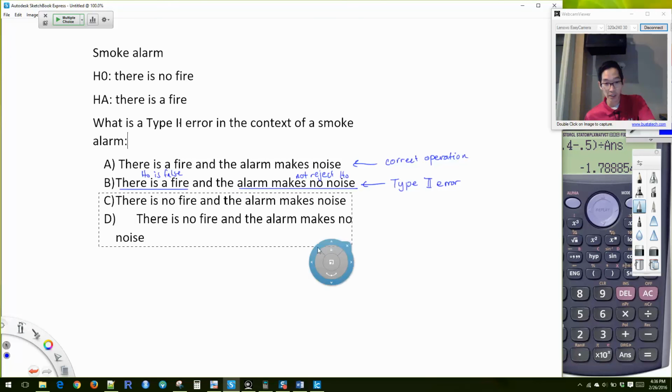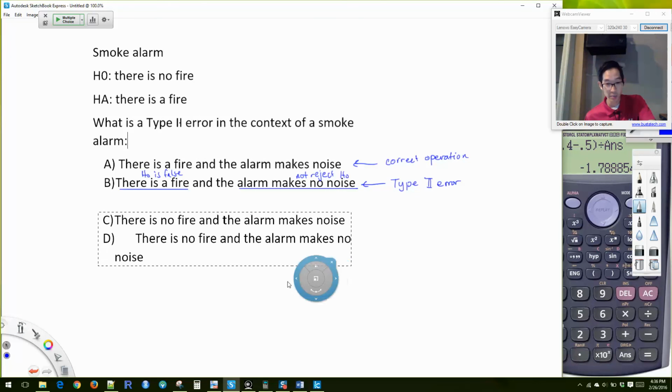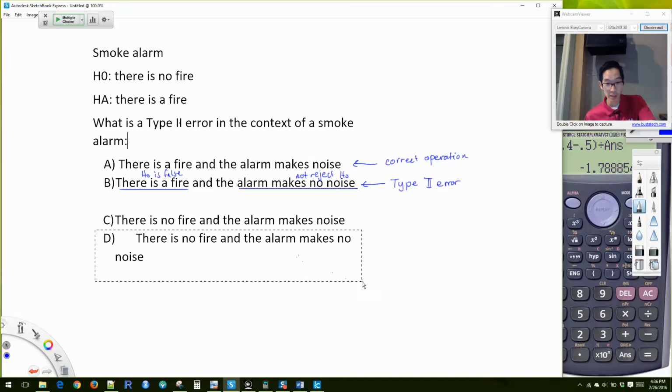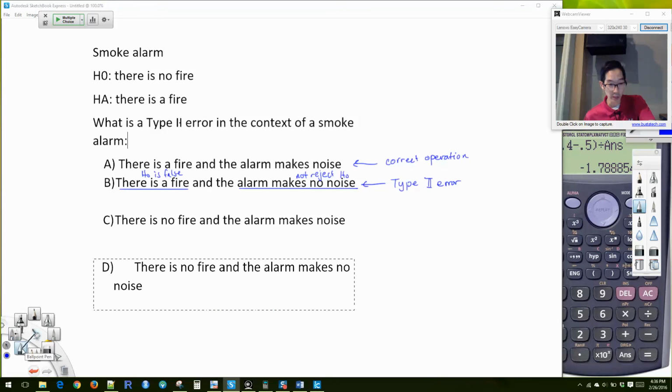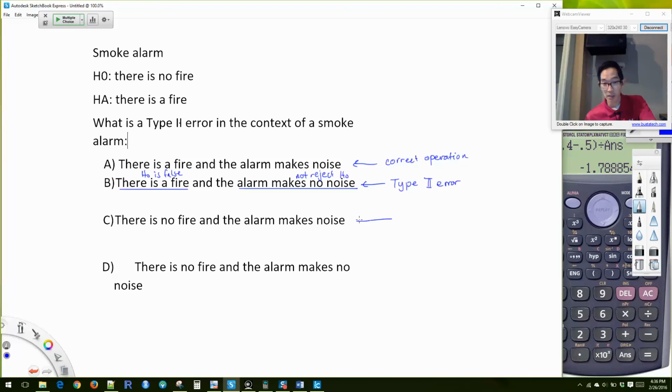There is no fire and the alarm makes noise. This would be a type 1 error. So the alarm makes noise, this is basically rejecting the null hypothesis.